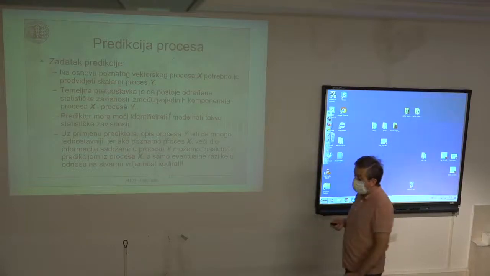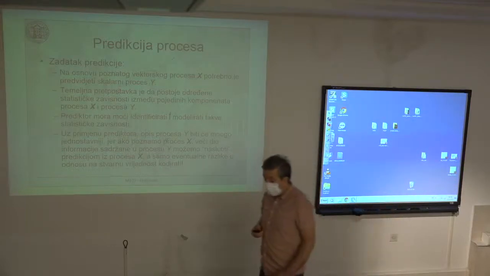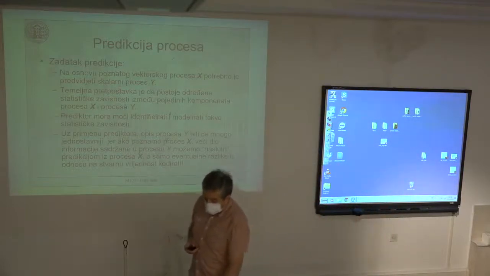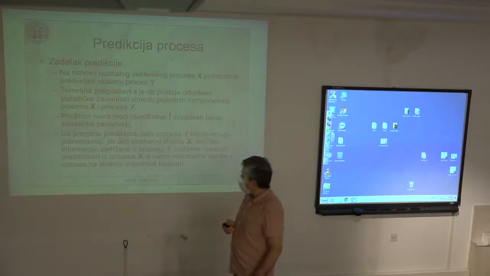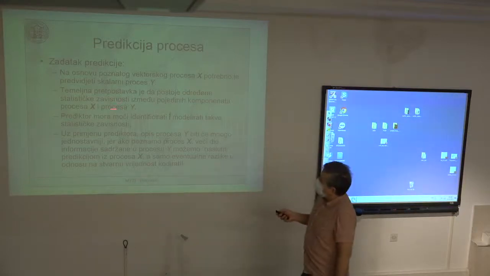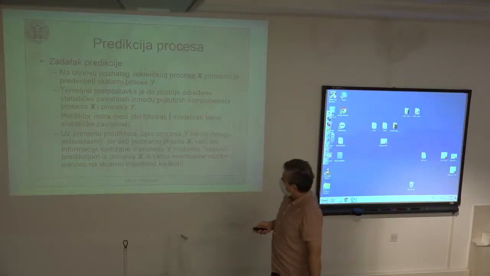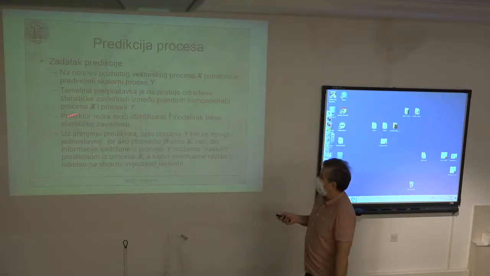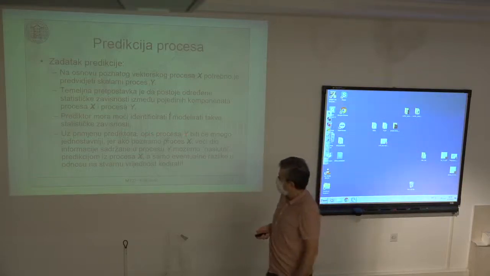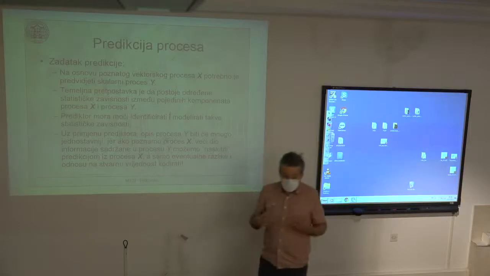We will show later on what the necessary requirements are in order to have the prediction gain. The predictor should be able to identify and model such statistical dependencies. And actually, by using such a predictor, we are capable of describing target process y in a simple manner.